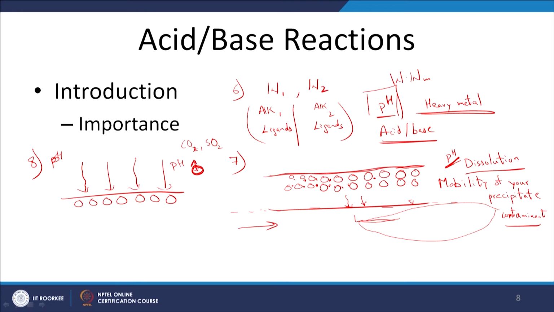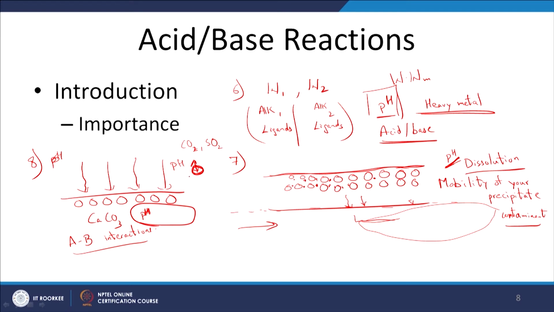You will have acid base transformations here, and you will have calcium carbonate, let us say, as a deposit in your soil, and now you are again going to have acid base interactions here, and you would want to be able to calculate the final pH of this soil.